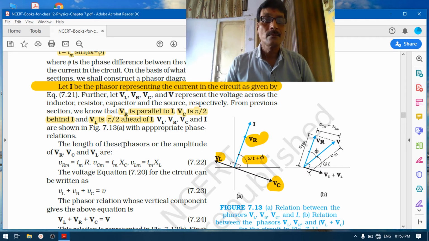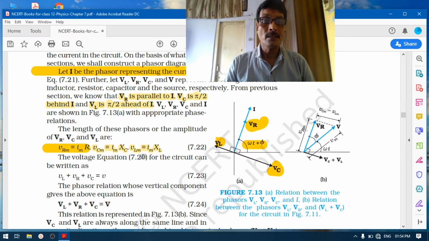The length of these phasors, or the amplitudes of VR, VC and VL, are denoted by VRm equal to ImR, then VCm equal to ImXC, and then VLm equal to ImXL. Whatever we have studied in the previous point.